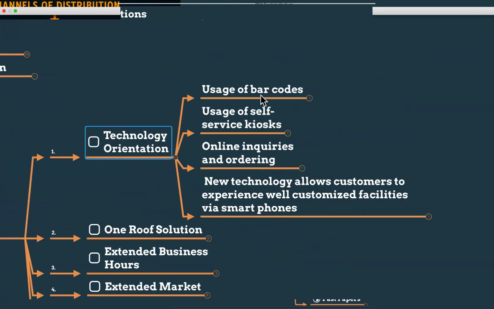So let's talk about the technology orientation. It means, my dears, nowadays the business people are using modern technology to make trade easier as well as faster. Now technology is revolutionizing trade, selling and business. Let me show you how. These are the things.